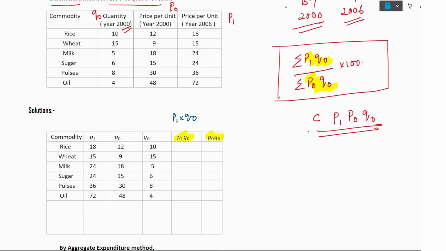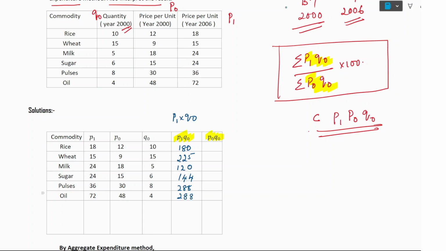Now start multiplying. Use a simple calculator and multiply. P1 Q0: 18 into 10, that is 180. Continue like that. 15 into 15 is 225. Next 120, next 145, then 288, that is 36 into 8, and next again 288.